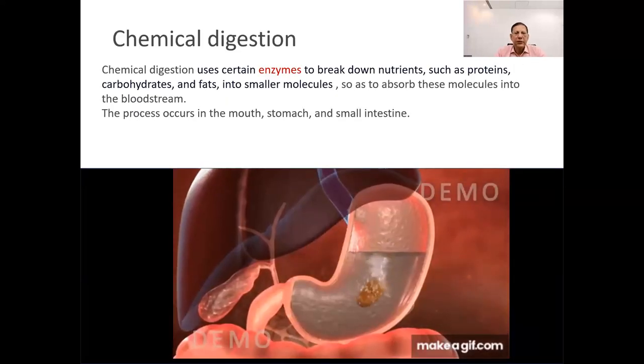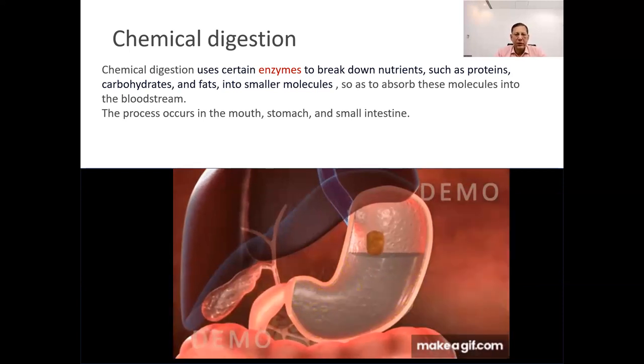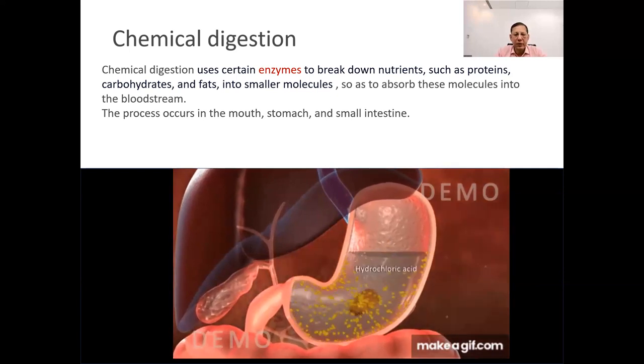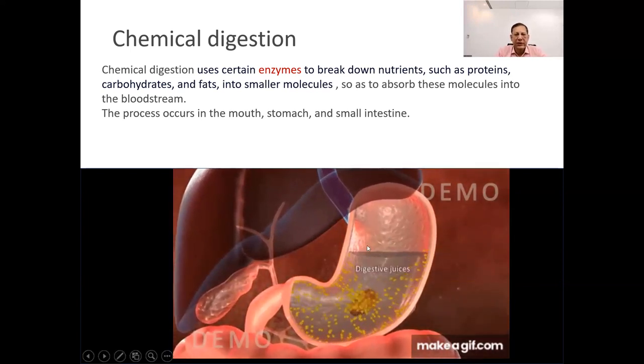Chemical digestion uses certain enzymes to break down the nutrients. In mechanical, that was physical breakdown. Here it is chemical digestion using certain enzymes to break down the nutrients into smaller molecules.